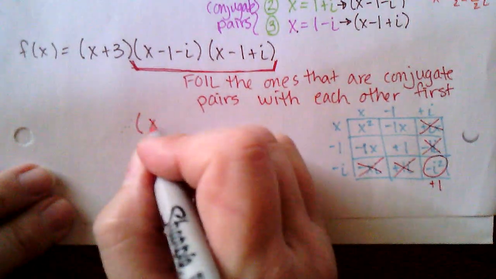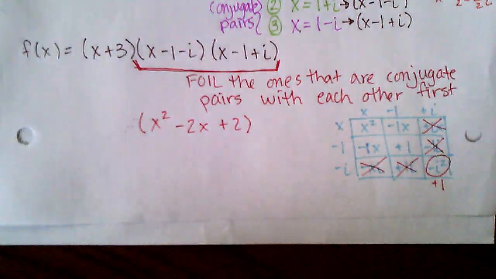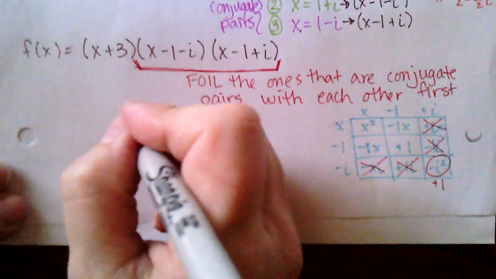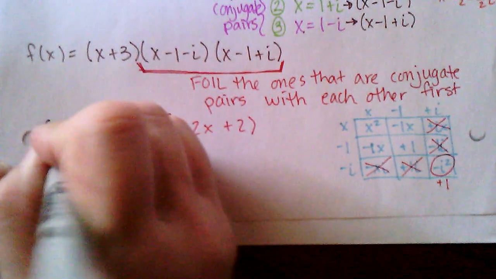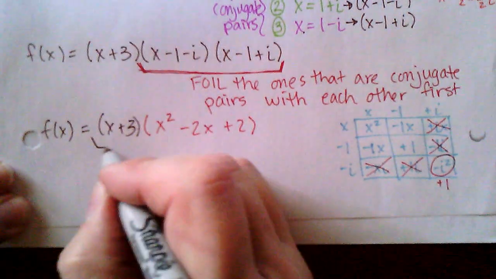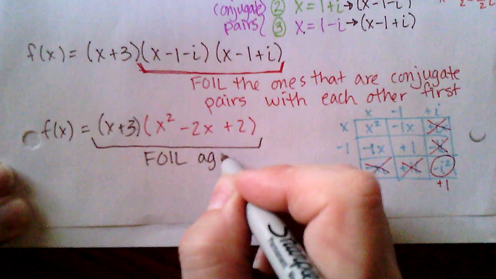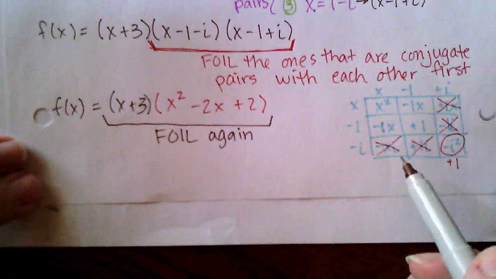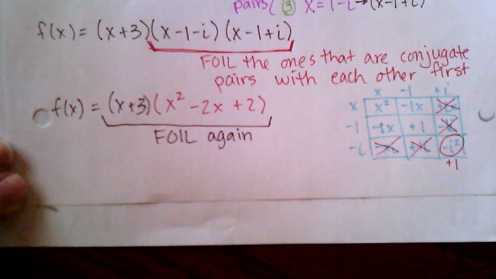So that would FOIL to be x squared minus 2x plus 2 from the 2 conjugate pairs. And then we still have times x plus 3. And then we are going to need to FOIL this again, which I will do by that super box method. You're going to have to pause the video once that comes on, because I'm going to have to pause mine because I'm running out of time.